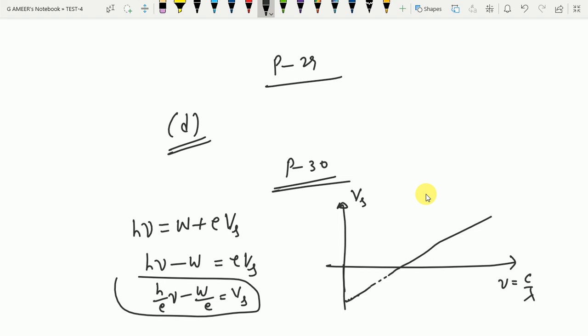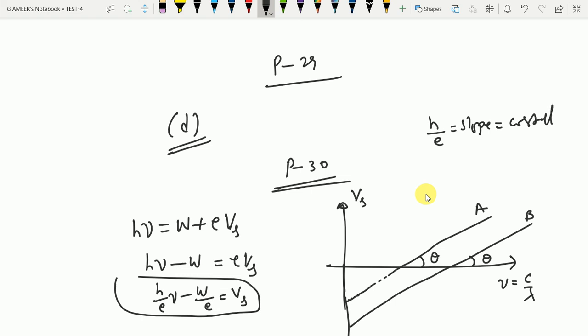For another metal, the graph may be like this. You should see here, for any metal the slope is the same. This is for metal A and this is for metal B. The slope is constant, that is h upon e, independent of the metal we are using, because h is the Planck constant and e is the electric charge.